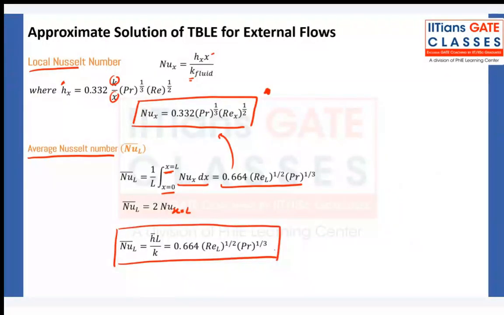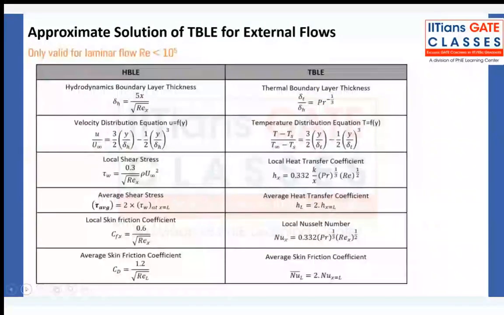I know so many things have happened today, but this is the summary of it. Most questions will be solved from this. I am not saying 100%, but most of the questions will be solved from this summary. First of all, it is for external flows, forced convection, and laminar flow only.